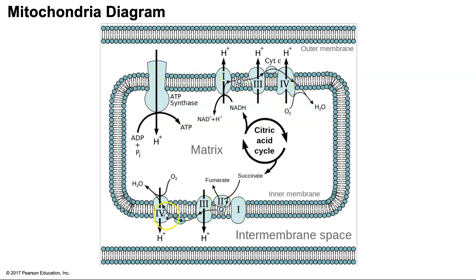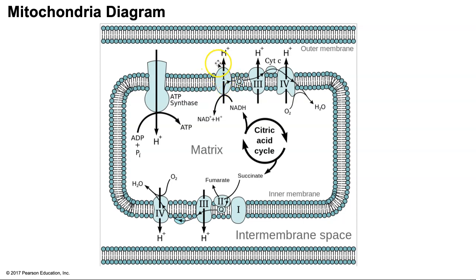So here's 1, 2, 3, and 4, and they will be all along it. But here's another one, 1, 2, 3, and 4. And this is the electron transport chain. All of the NADH and FADH2s are brought to complex 1 and complex 2, and the electrons are taken from them because these have a higher electronegativity.